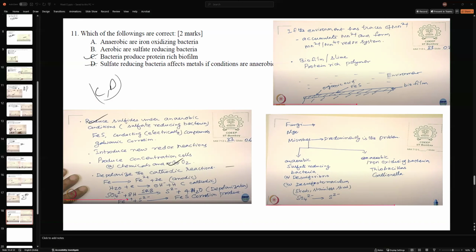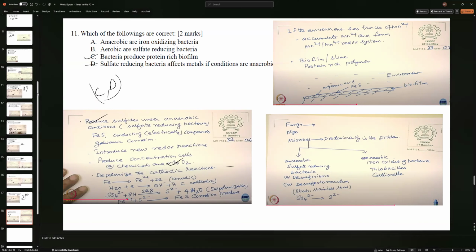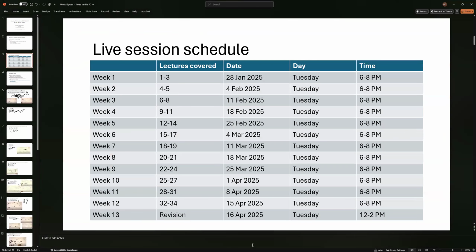Announcement for the two of you as well. The class is supposed to happen tomorrow. You've received a mail saying there will be a live session tomorrow at 10 to 12. It is being shifted to 12 p.m. to 2. I have some meeting at 10:30.